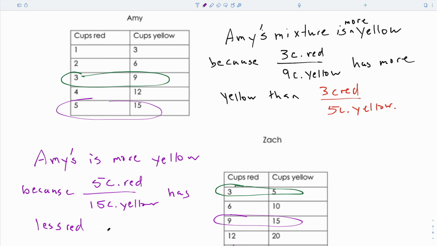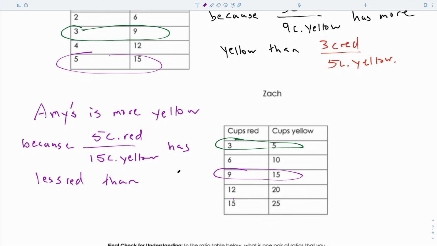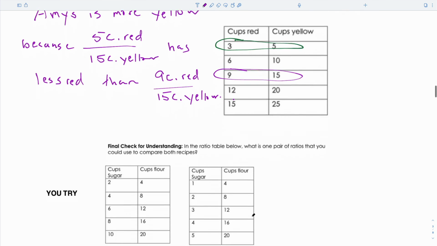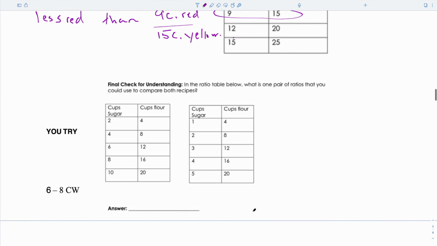It has less red than 9 cups of red over 15 cups of yellow. So either one of these will work in your description. You can use the first or the second column. All right, I want you to try this one on your own. Go ahead and pause the video, press play when you are ready.